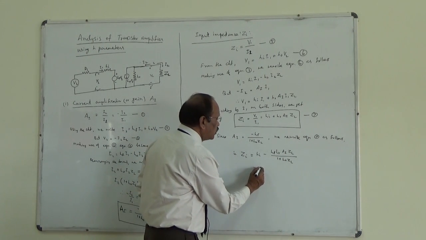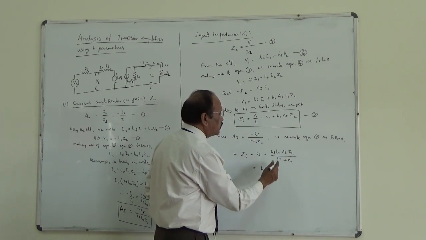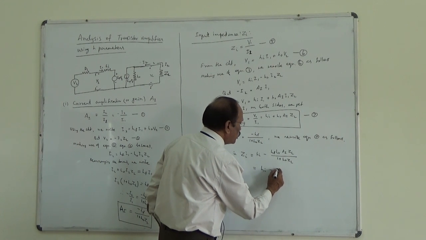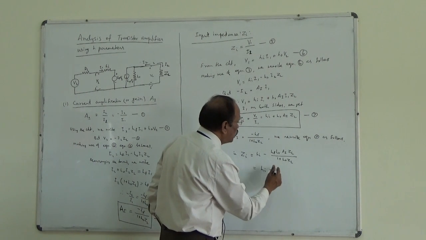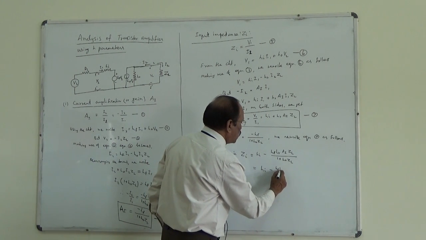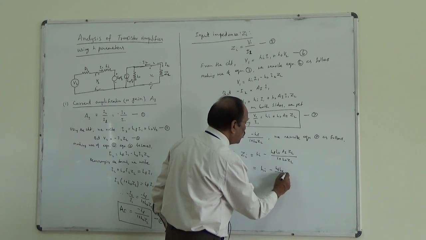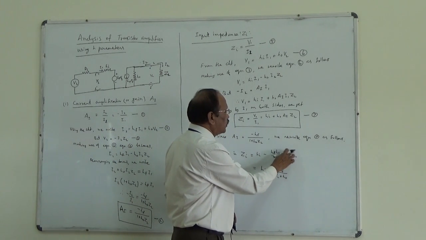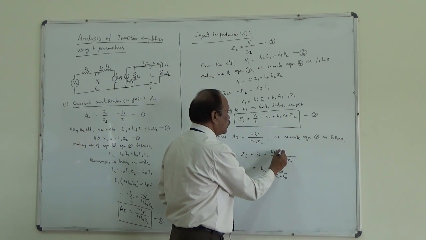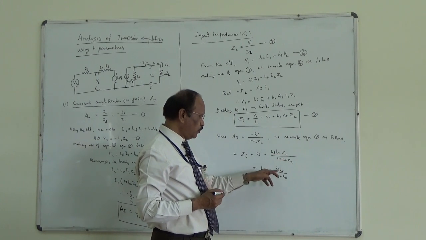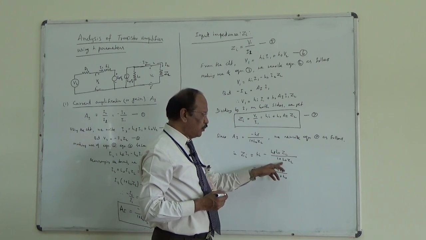Again we can modify this. Hi minus, I divide by ZL on both numerator and denominator. Sorry, this A is not present because we have substituted this value for A. So when I divide by ZL in both numerator and denominator, I will get minus Hf Hr by 1 by ZL plus h naught.